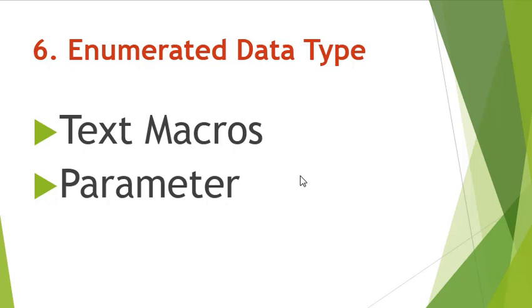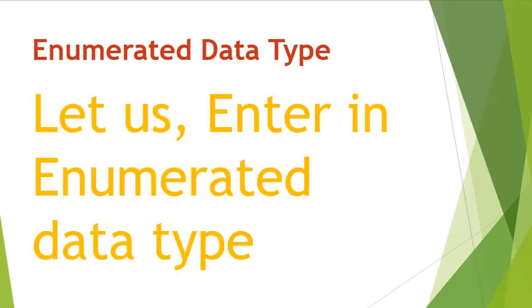Again, text macros and parameters have limitations: they cannot hold a group or list of variables, but the enumerated data type can. They cannot assign automatic or standard values, but the enumerated data type assigns standard values to the variables declared inside it.